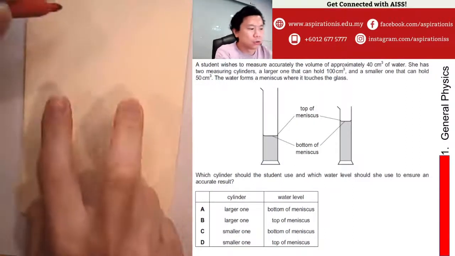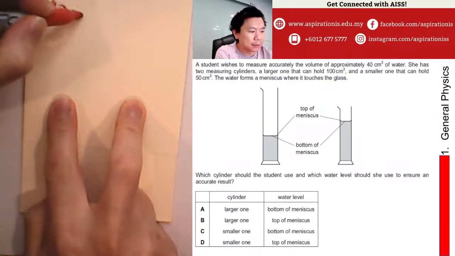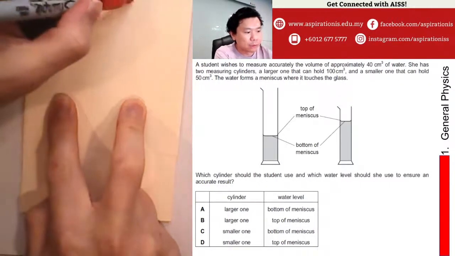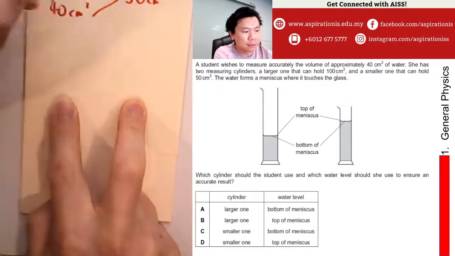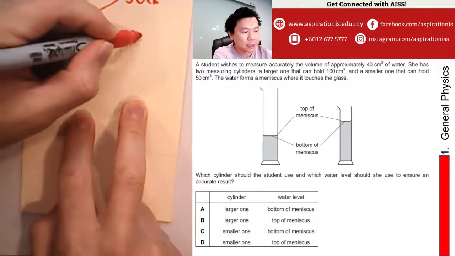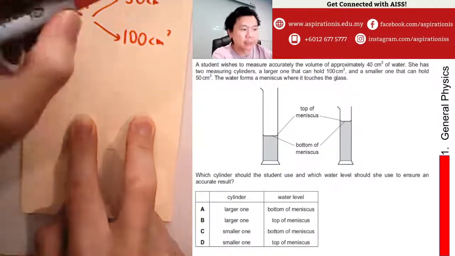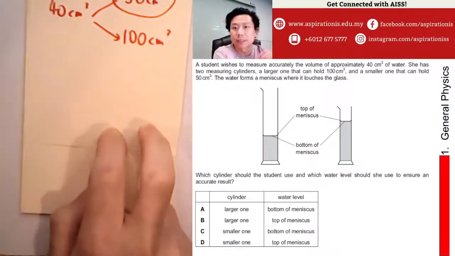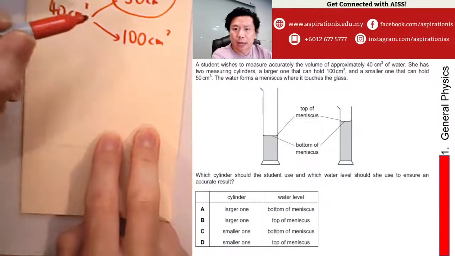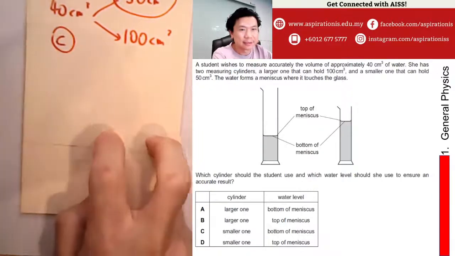You are measuring 40 centimeter cube, so you have a choice of the 50 centimeter cube measuring cylinder and the 100 centimeter cube measuring cylinder. It makes sense to use the smaller one. So the answer is C.